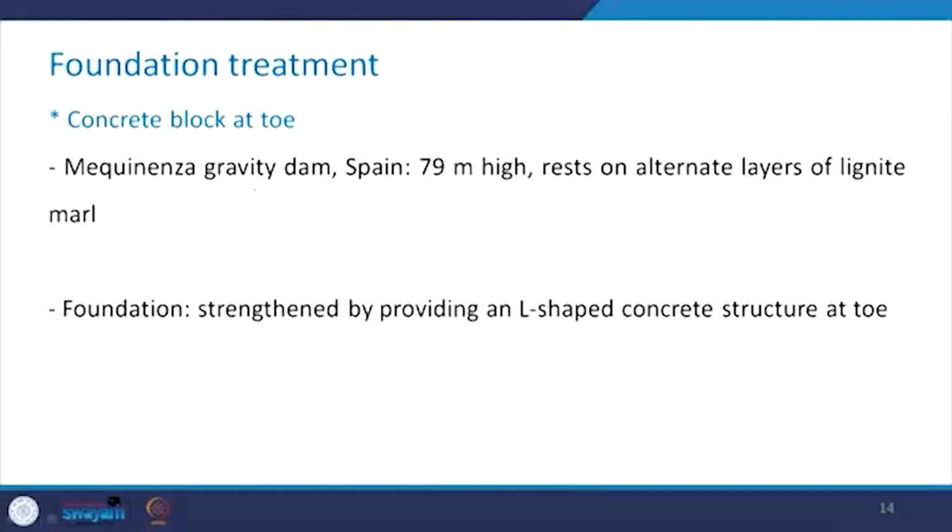The next one is you can provide a concrete block at the toe, and this has been done in this gravity dam which is there in Spain. This is 79 meter high, and it rests on alternate layers of lignite marl. So the foundation in this case was strengthened by providing an L-shaped concrete structure at its toe.